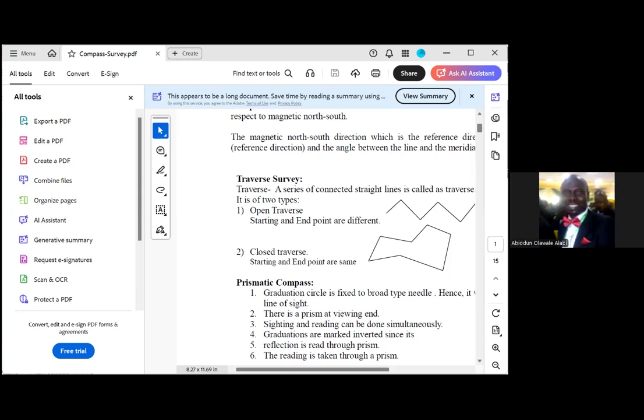Vertical angles. Okay, so we've mentioned the linear measurement, which is the horizontal distances, the vertical distances, then horizontal angles. Then we have the vertical angles. What else? Slope distances.